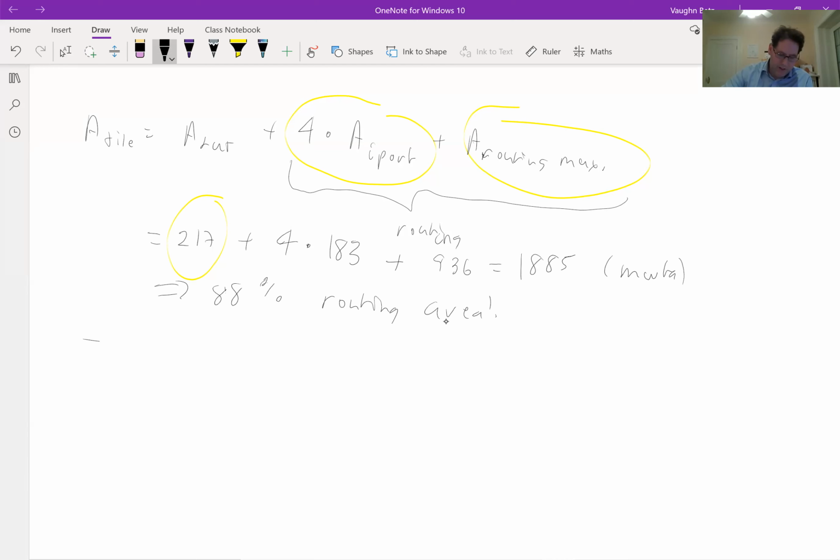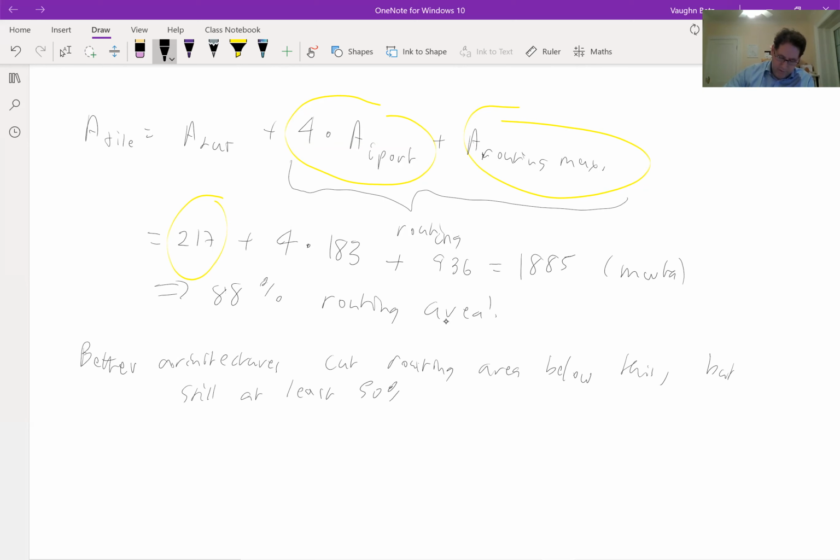And one of the things we'll find as we go through the course is that this 88% is big. We will find better architectures that reduce it. So better architectures cut routing area below this, but it's still at least 50%.